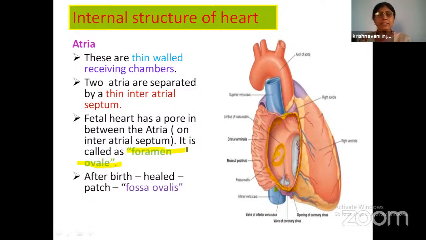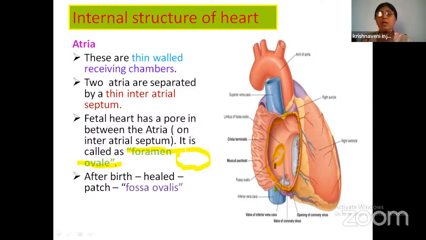The septum separates both atria, right and left. On that septum there is a pore called the foramen ovale. At the fetal stage, not after birth. After birth, it will be healed.